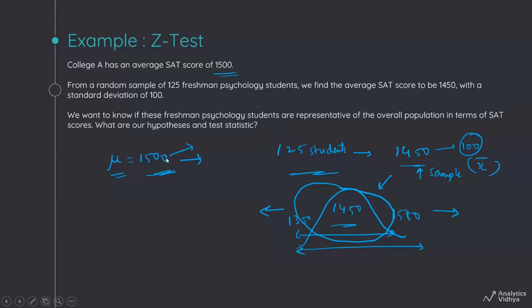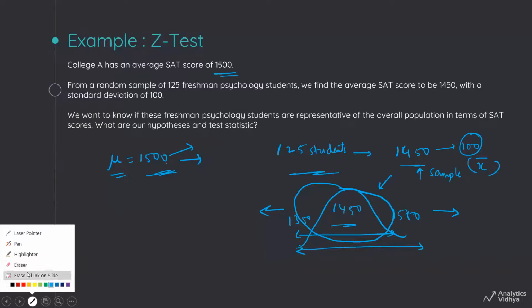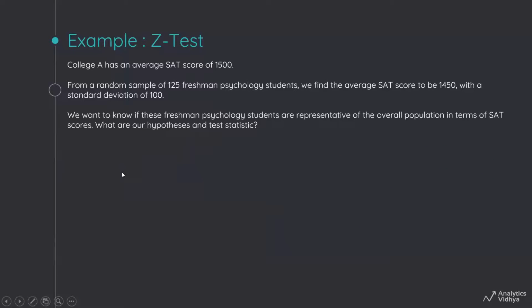If yes, then we accept the hypothesis that yes, my college A has students with a SAT score of 1500. If not, then this hypothesis value about college A is wrong. So the average score is not 1500 in general, but it is something else, and you need to recalculate and revisit that. Now let's solve this problem step by step and complete the entire hypothesis test.